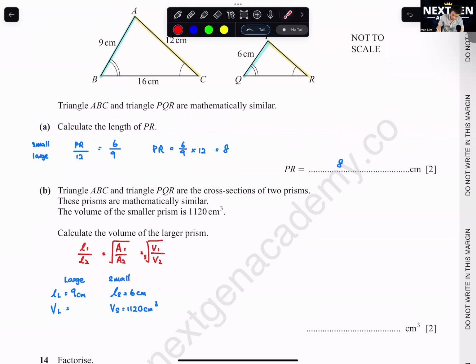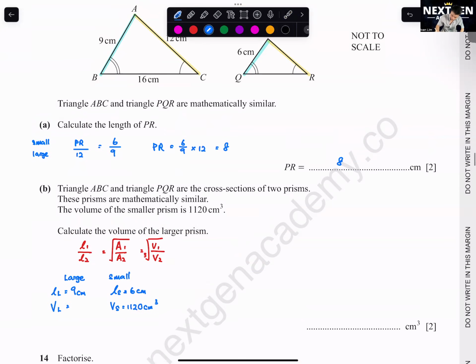We are going to use between both of this. I will put now the volume at the left-hand side. So volume of the large over volume of small. This part here will be cube root equals to length of the large one over the length of the small one. Then you just fit in the value. So you don't have to stress yourself to think about your k square, k cube. Normally, that is when students get a bit confused. Which k value to put on top or the bottom?